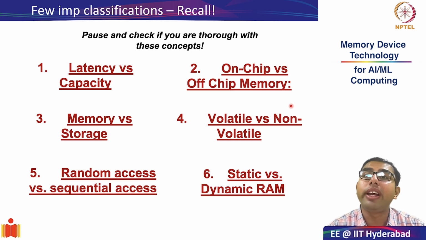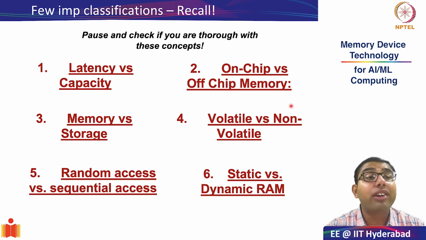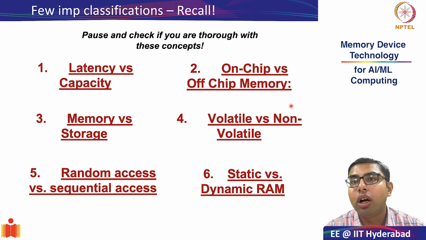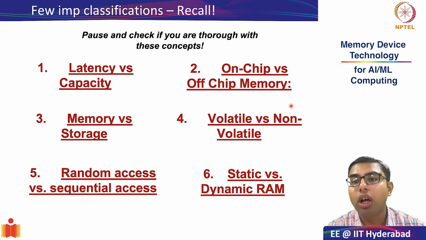Volatility versus non-volatility was the fourth point, where we examined if the state of the memory is preserved after the main power supply to the memory is switched off. In volatile devices that is not the case; the device cannot remember once power is switched off, whereas in non-volatile devices, even after power is switched off, you want to hold on to the data for a minimum of 10 years.